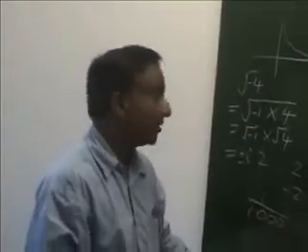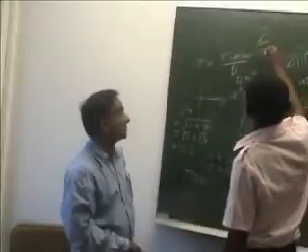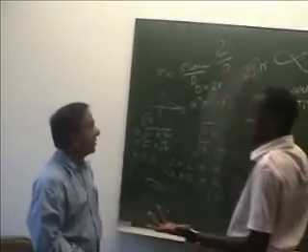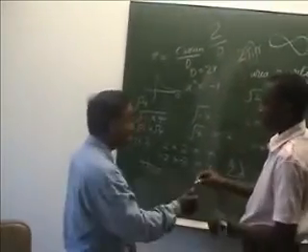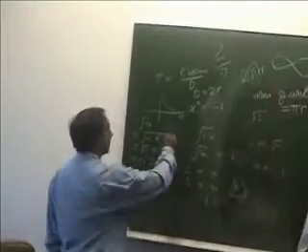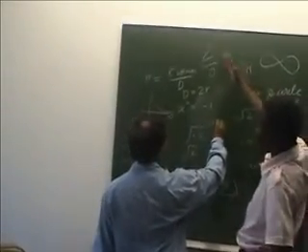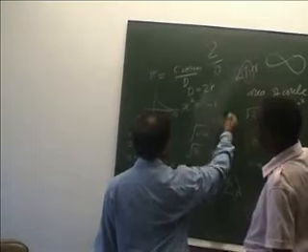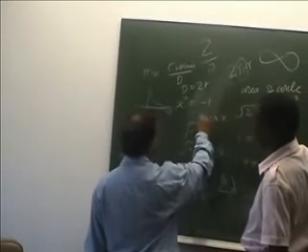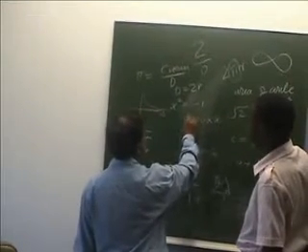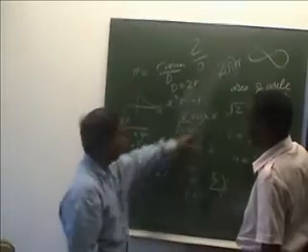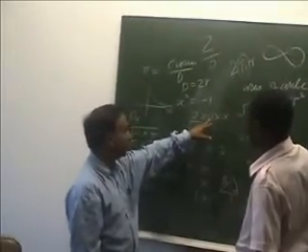Why is a number over 0 undefined? If I take 2 over 0, we were told in high school that this is undefined, because there will be no unique number that, multiplied by 0, gives you 2. If I multiply anything by 0, I'm not going to get 2.